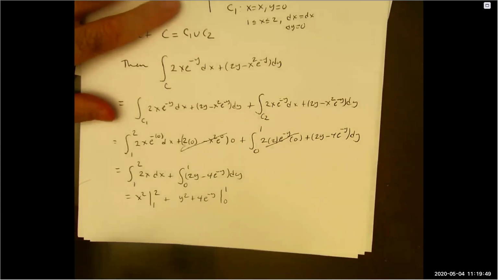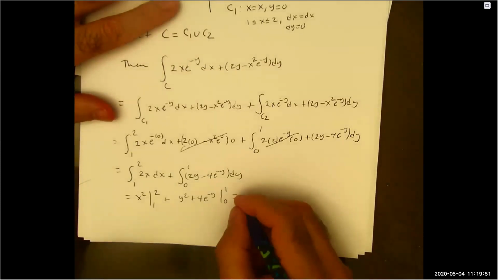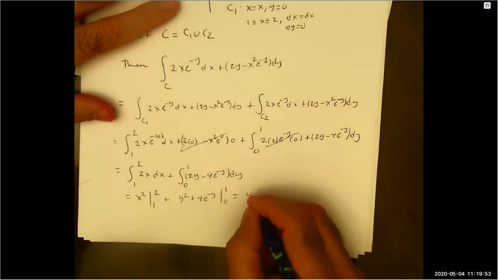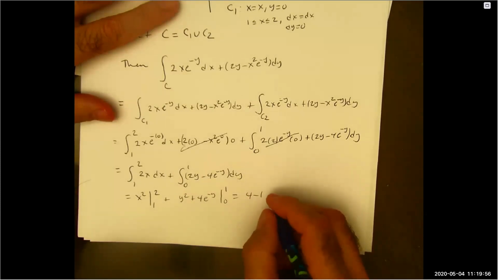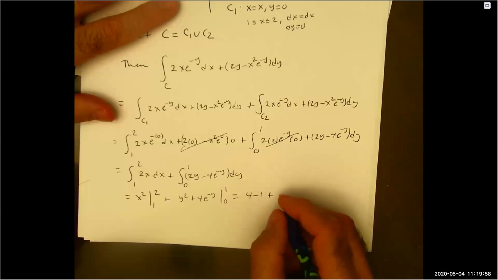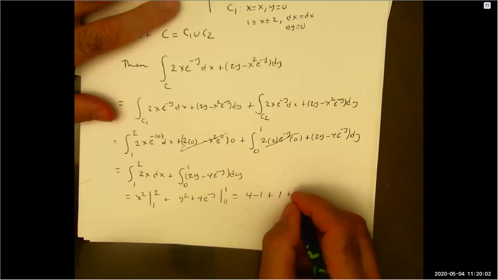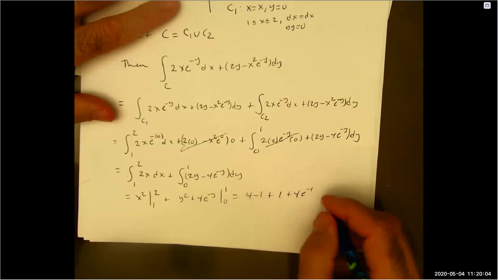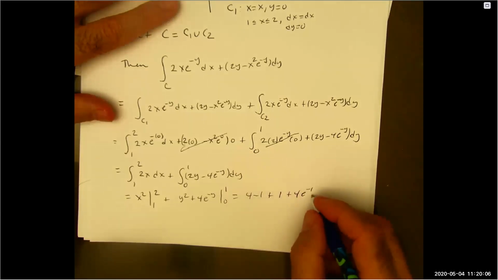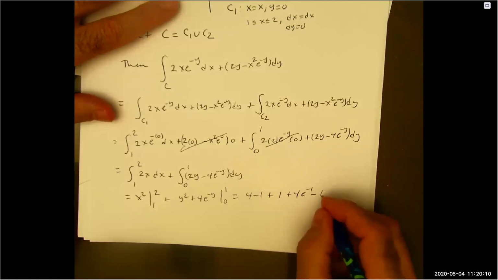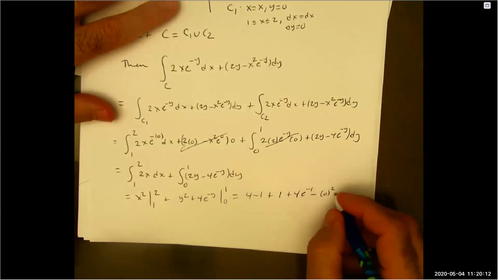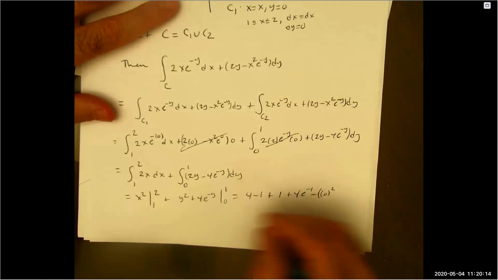All right, so if I put these values in, what I'm going to have is 4 minus 1 plus 1 plus 4e to the minus 1. And then I'm going to be minusing here 0 squared plus 4 times e to the 0.